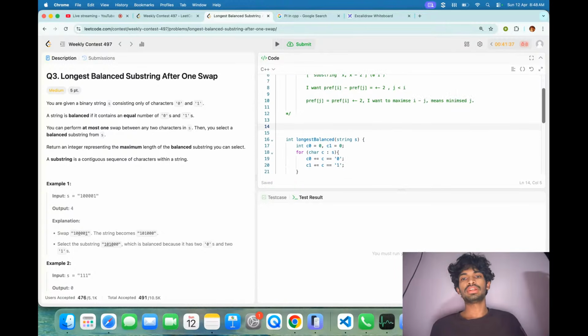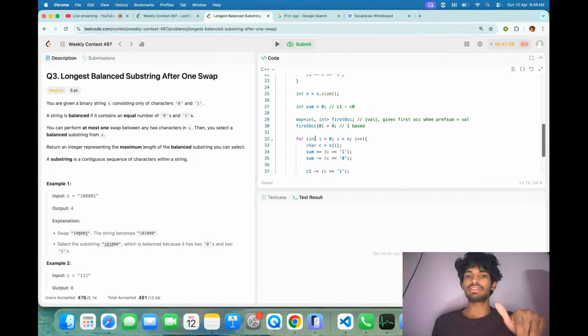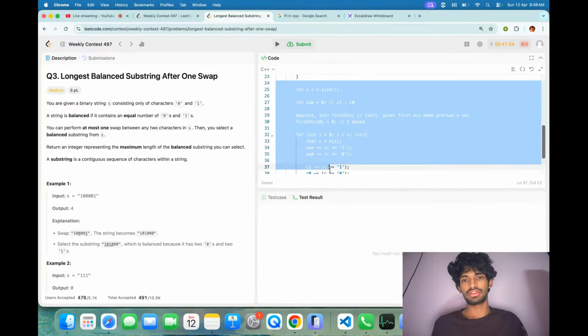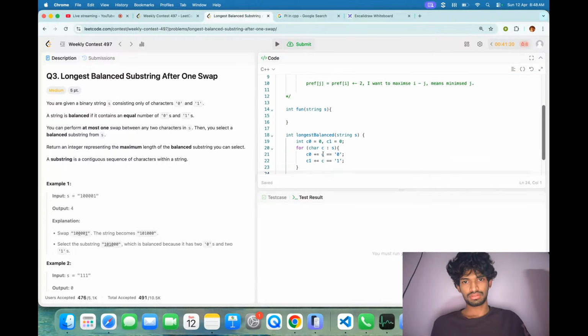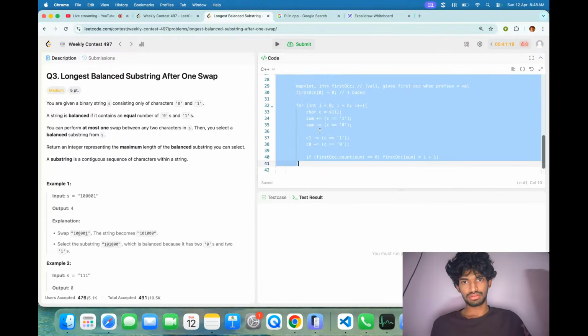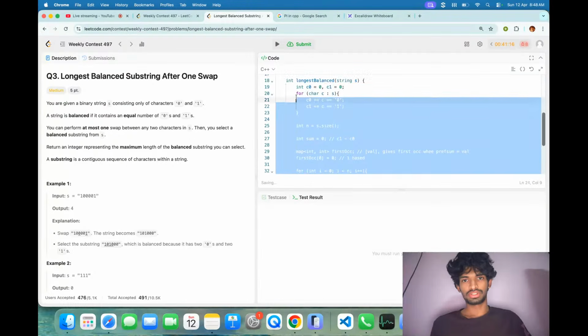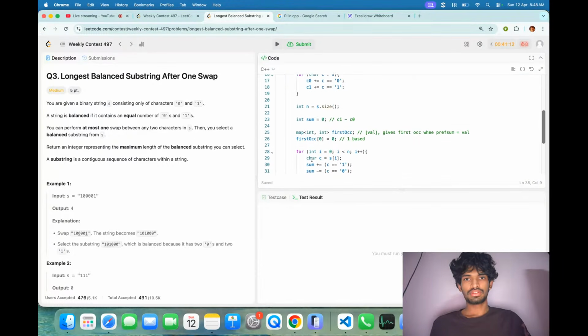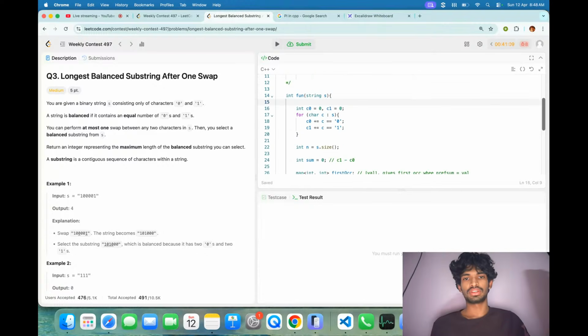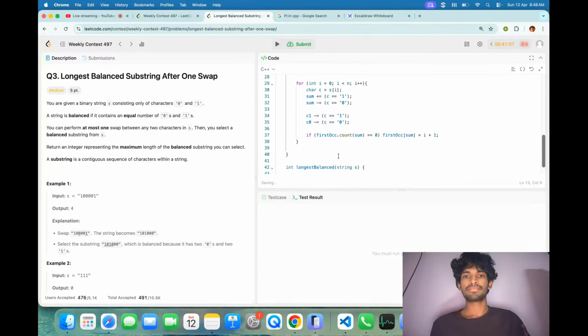So what I'll do for that is make a function, put the whole logic inside it, and then reverse S and call it again, because I have to reverse S once and then give the answer back.